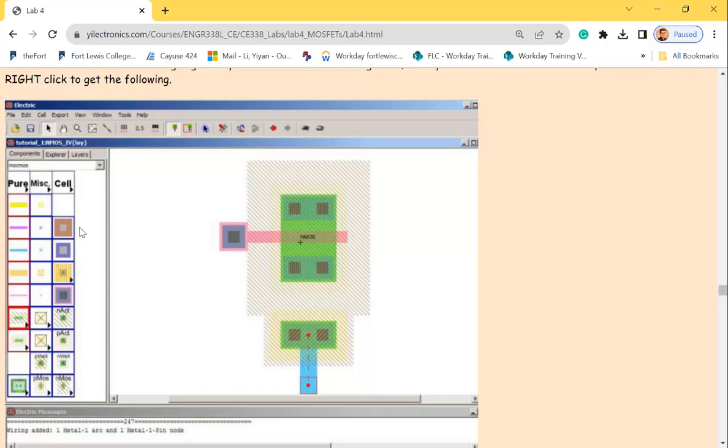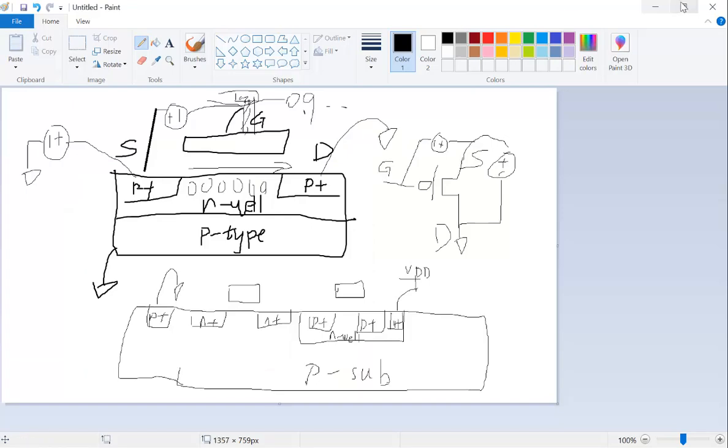Okay. And this is a P plus node. If you look at the drawing here for NMOS, so this is the NMOS transistor, right? So this is NMOS.